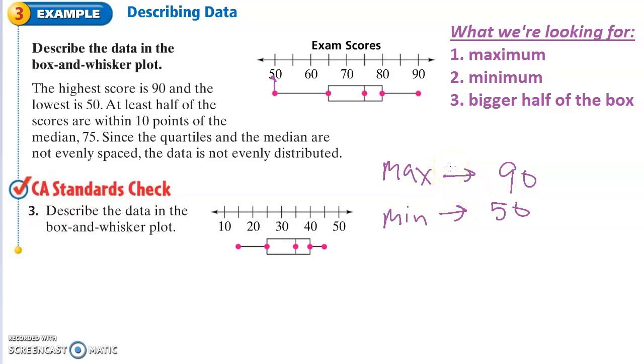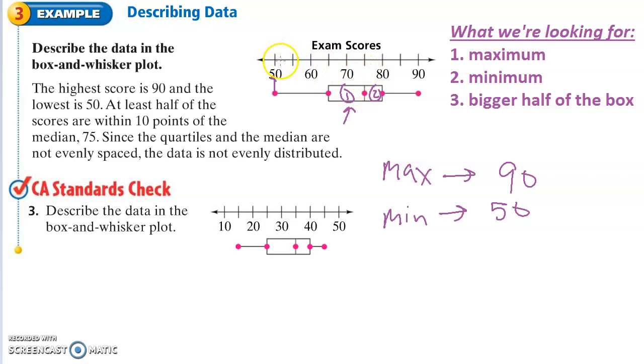And then the next thing we're trying to figure out is, okay, which half of this box is larger? All right, we have side 1 and side 2. Now looking at this, because this is to scale, side 1 is a larger box. So we want to figure out how long is this box?